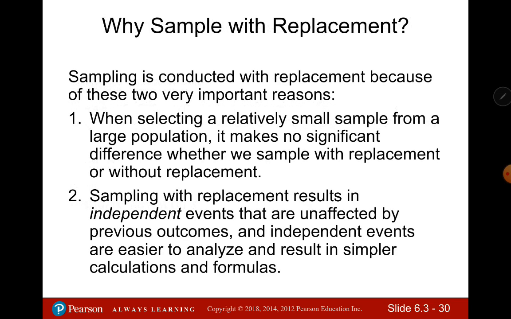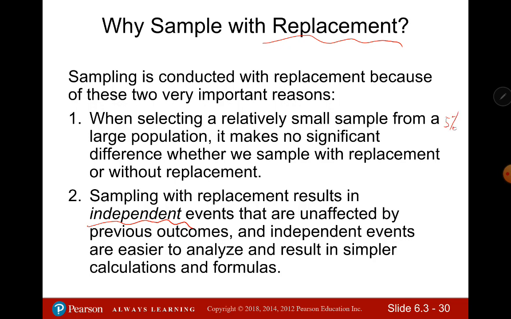So about the sampling method, we only need to know we prefer the sampling method with replacement. Remember, sampling with replacement means each selection is independent of each other. But we know the 5% rule.